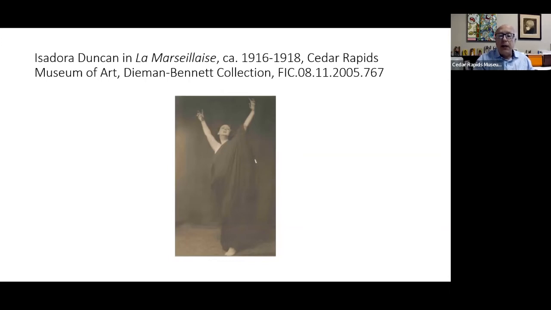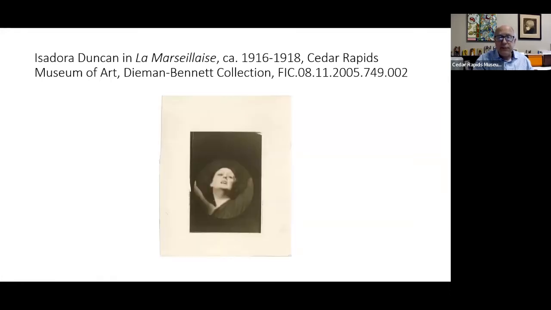So I show you here a photograph from our collection of Isadora Duncan in La Marseillaise from around 1917. Here, another Genthe photograph where he takes a portion of that same photograph and creates it as a roundel.